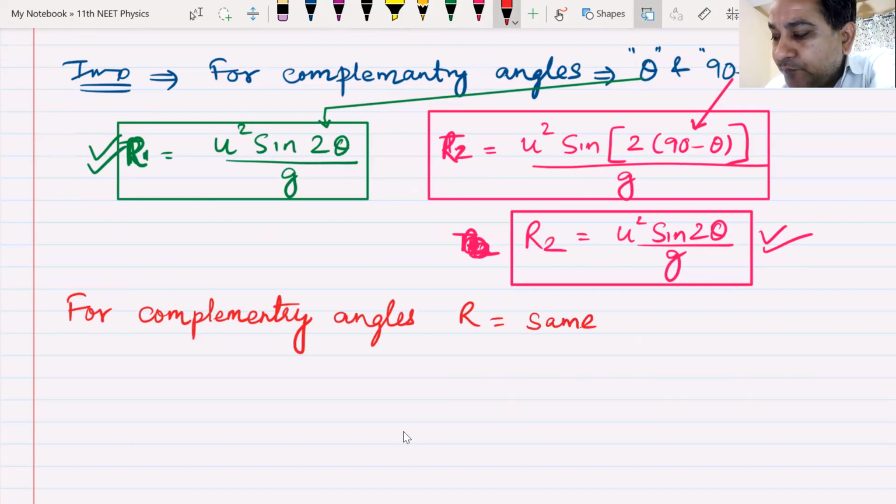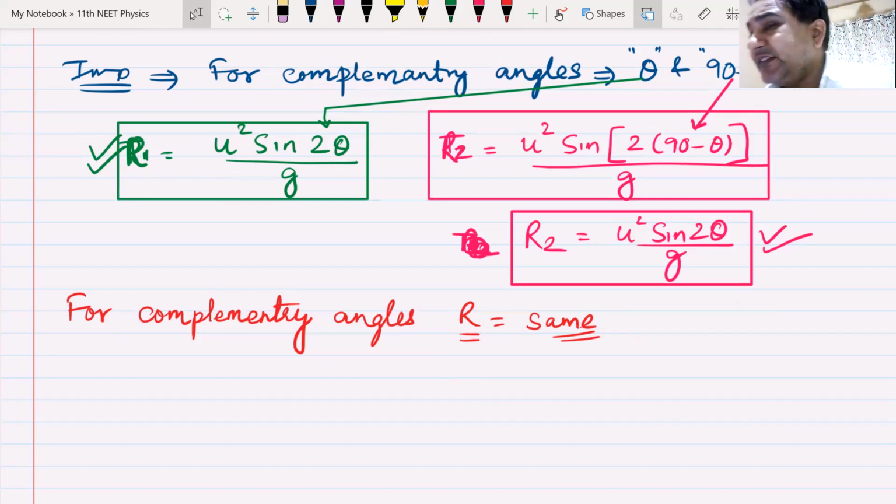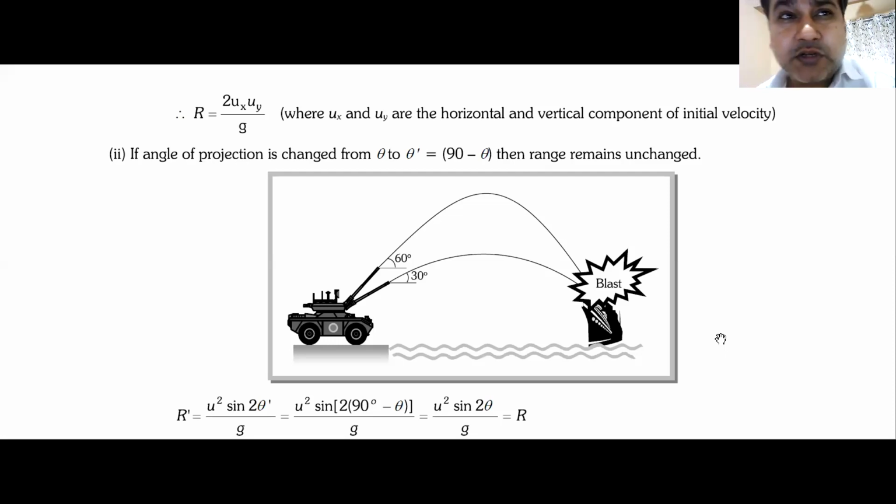So if you throw a ball at 30 degrees, and with the same speed you throw it at 60 degrees, in both cases the range would be the same, provided that your velocity is the same. Am I clear?